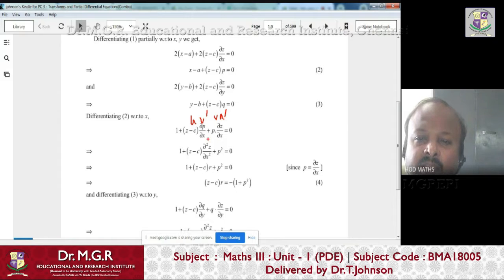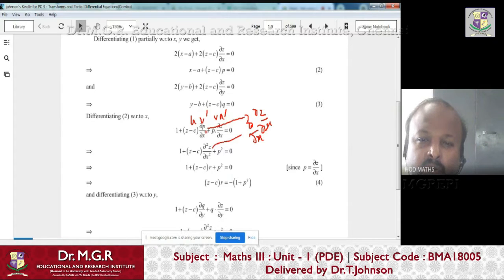Now again you should be very careful. Dou p by dou x. What is p? P is nothing but the first derivative, dou z by dou x. So differentiating this again with respect to x, it becomes dou square z by dou x square.